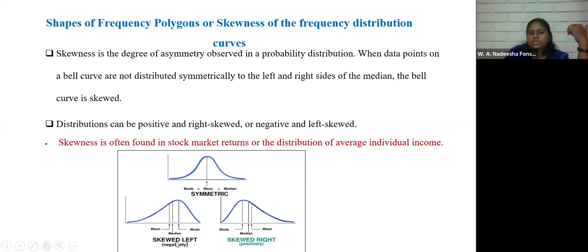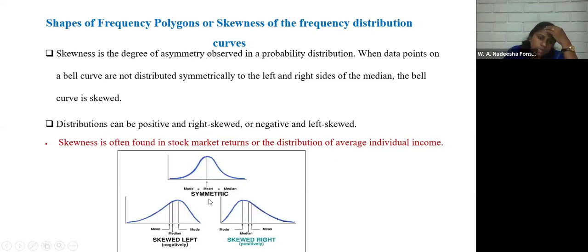Here, in the skewed left, the mean, median, and mode, those central tendency measures, come to the higher side. It means the right side in the skewed left. In the skewed right, those values tend to come to the left side.